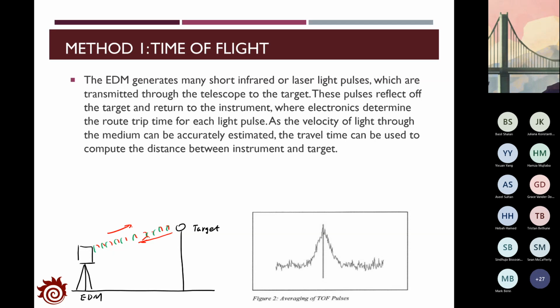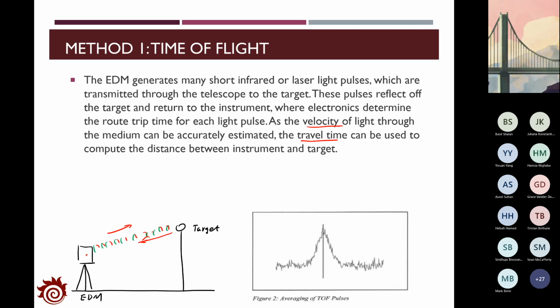So it has a back and forth, and then based on the velocity of the light through the medium, we can estimate the distance with the velocity and also the travel time from the start point to the target and back to the total station.